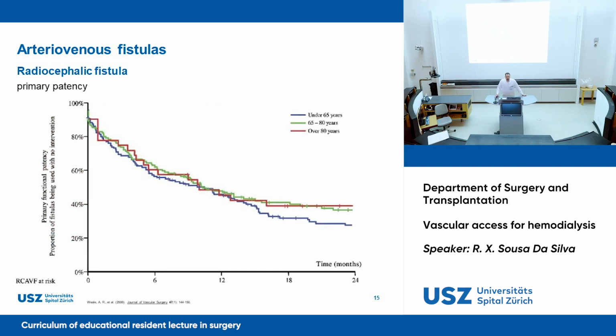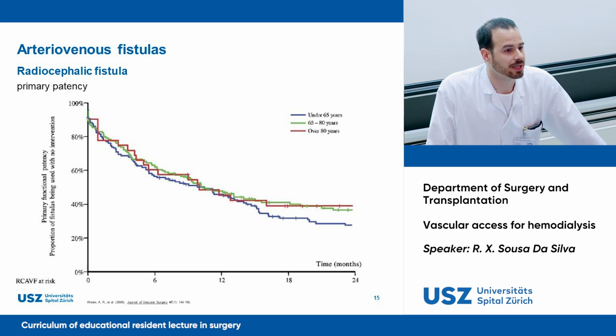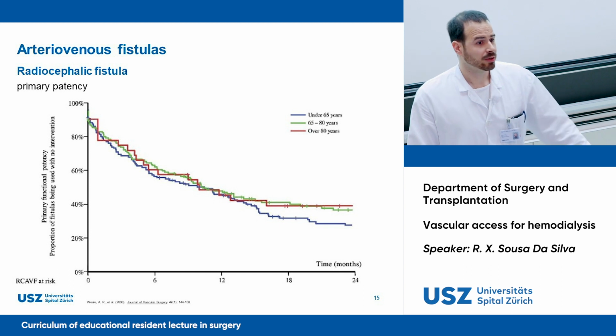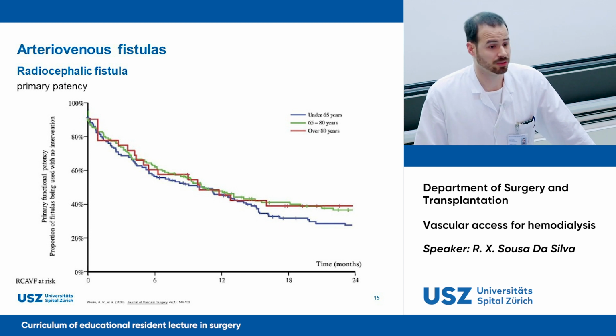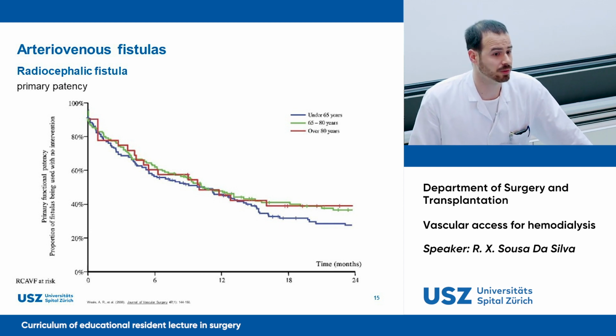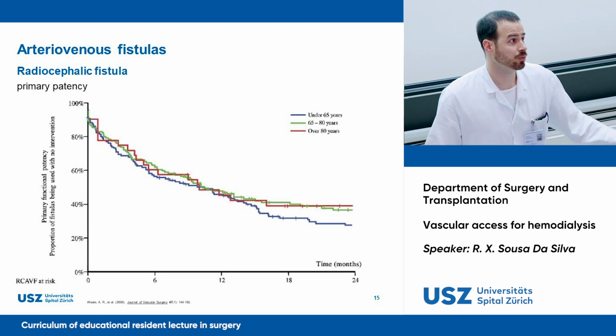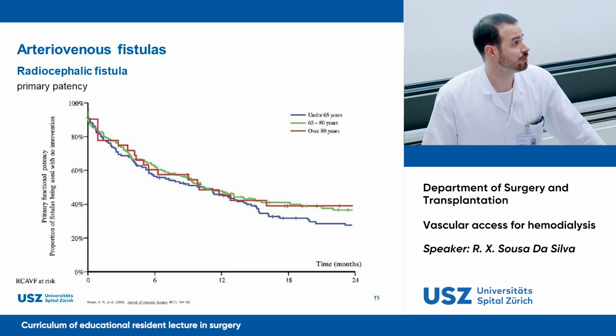Wheel et al. showed in 2008 in a study analyzing primary patency, for example in a radiocephalic fistula, that the primary patency is not really good. After 1 year, it's about 40 or 50%. That explains why you redo arteriovenous fistulas multiple times in the lifetime of a patient.